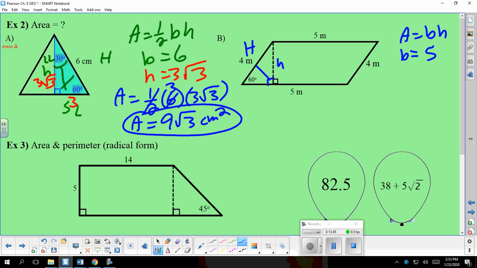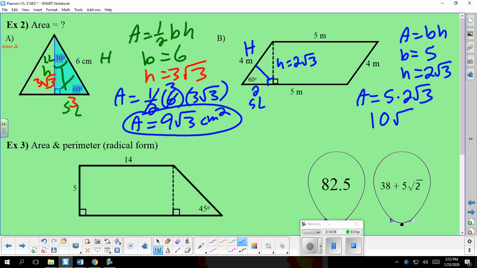There's my short leg. Half of the hypotenuse is the short leg, so that's 2. And this height, which I want to find, is 2 times the square root of 3. And there's my height. So the area is 5 times 2 root 3, or 10 root 3 meters squared.